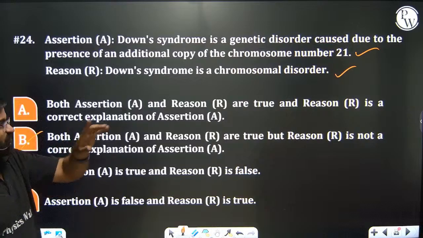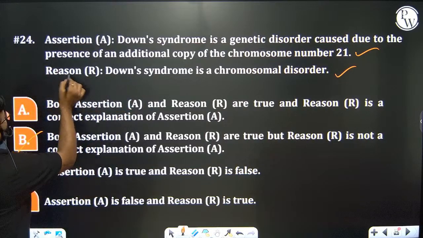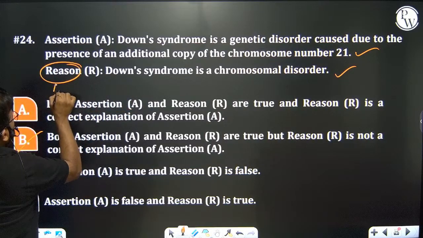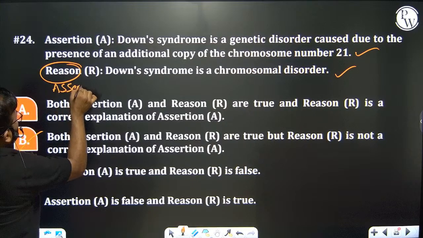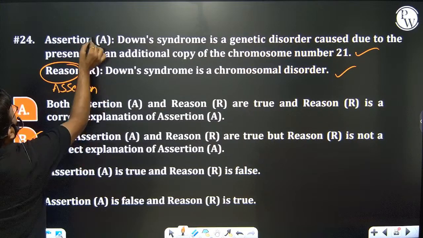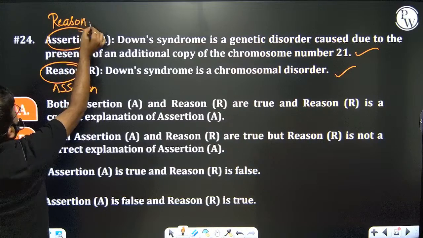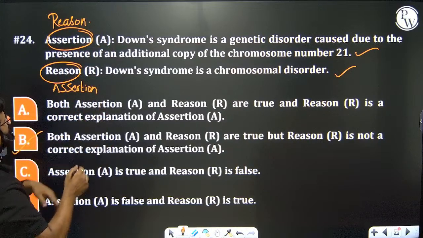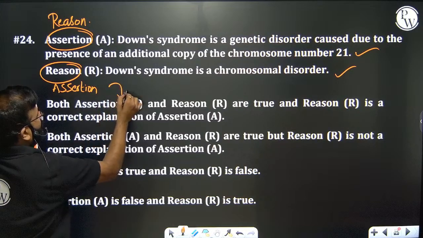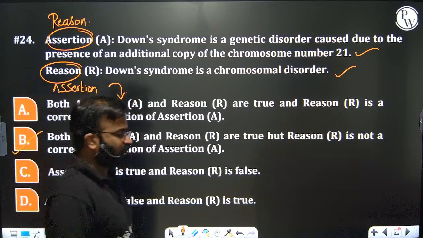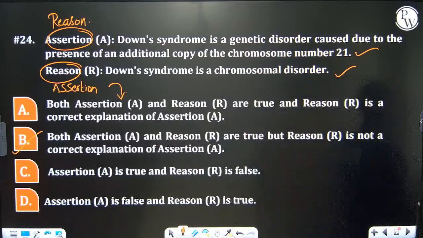If this reason is made into the assertion, and the assertion is made into the reason, then I would have gone with A as the answer. Is it clear?